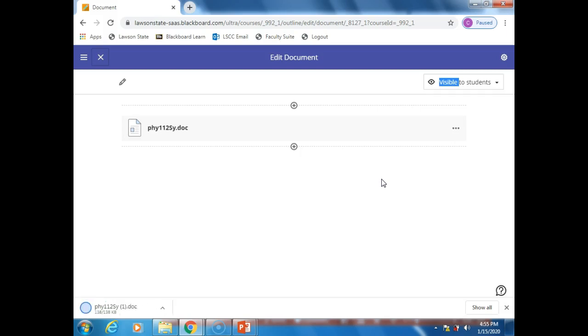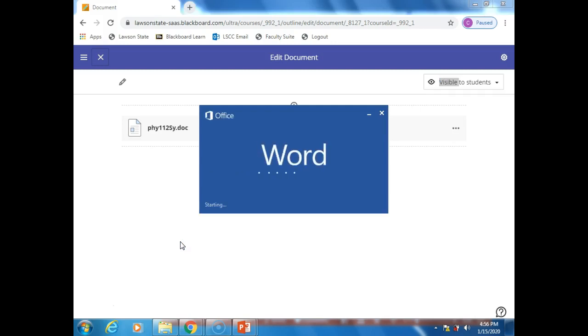Okay. There it is. It's having a hard time opening. I don't know if yours is, but mine is really, really slow. It says open when done. I don't know what it was doing. Here we go.